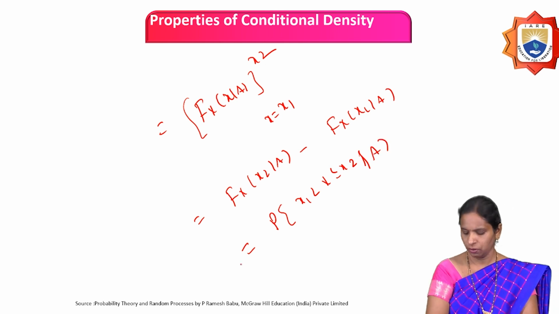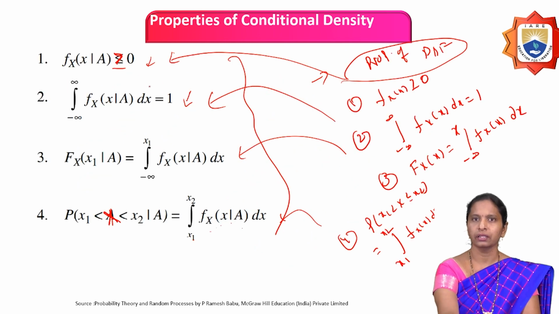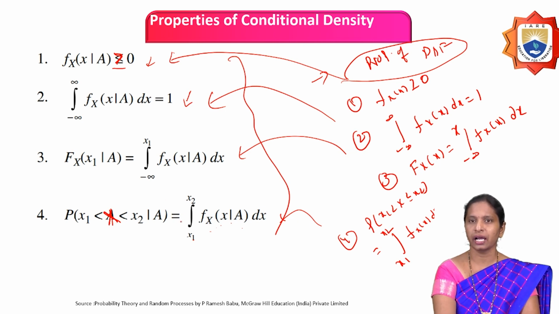So therefore, what are the properties of the conditional density function? We can state as what? The conditional density function is a non-negative value and the area under the conditional density function is equal to 1, and the conditional distribution function can be written in terms of the conditional density function, and the conditional probability of the event of the random variable x given the conditioning event a can be written as the integration of the conditional density function over the limits x1 to x2.